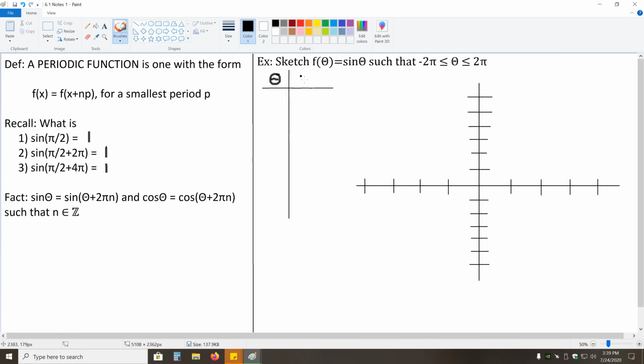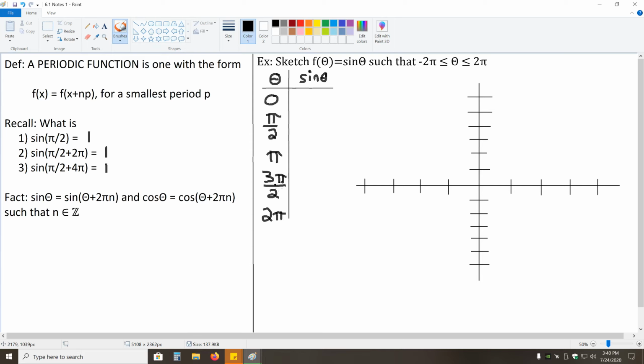So we have theta and sine of theta, which gives us a table that we can plug our values in. So we're going to use the quadrantal angles again. Let's start with 0, pi over 2, pi, 3 pi over 2, and finish up with 2 pi.